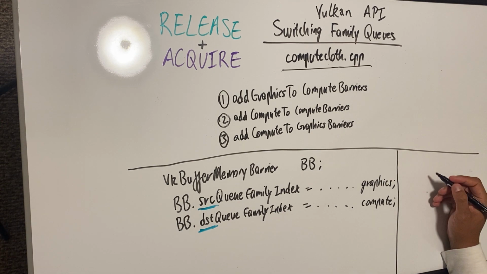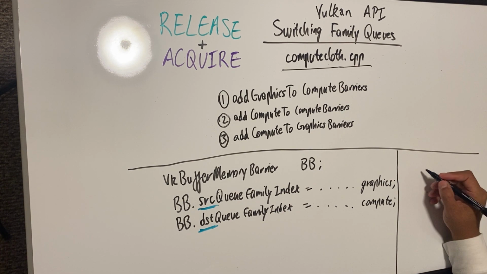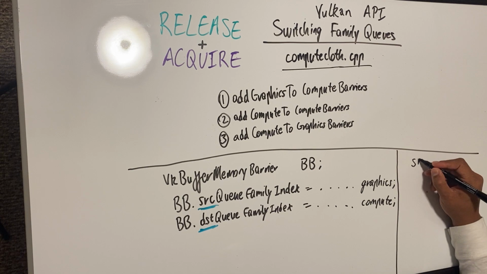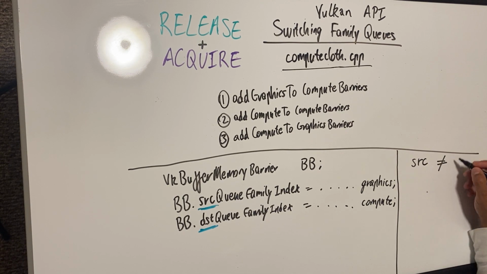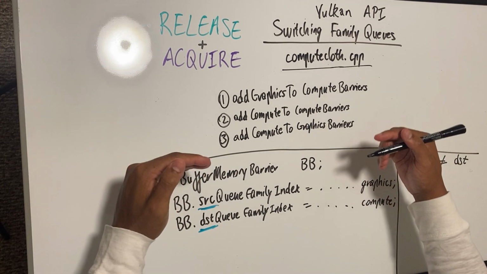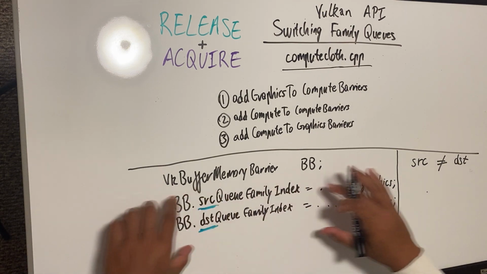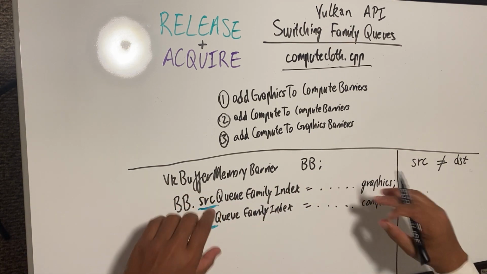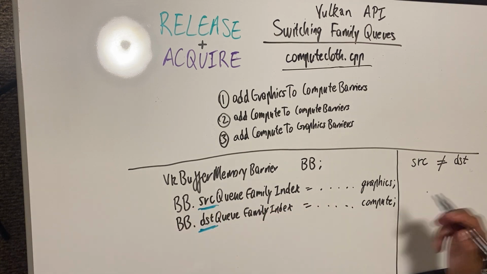All right, so if your source does not equal your destination, then you have certain considerations. If your source matches your current queue family, so you're running through this code, and when you execute this you're already in, say for example, the graphics queue family, right?